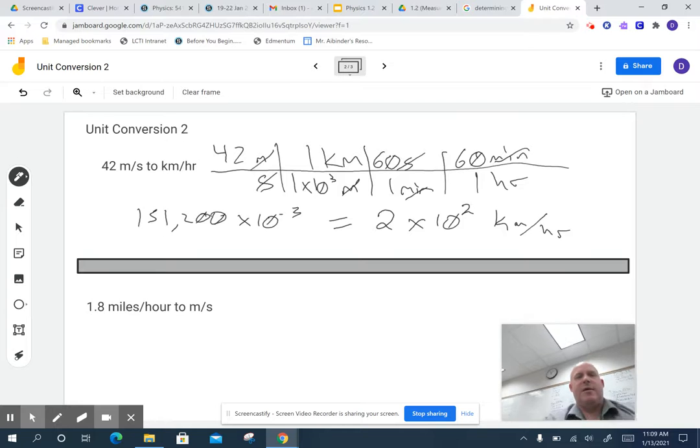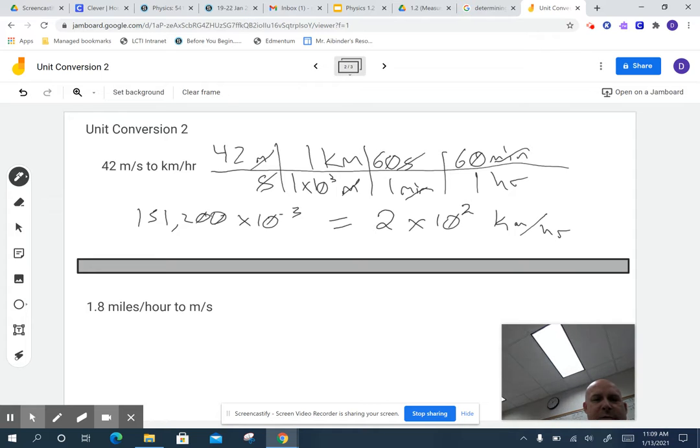Now, some of what I did there, you've got to remember, when you're moving this way, your exponent goes up. When you move this way, your exponent goes down. So if you move to the left, your exponent goes up. Left, your exponent goes up. To the right, your exponent goes down, okay?